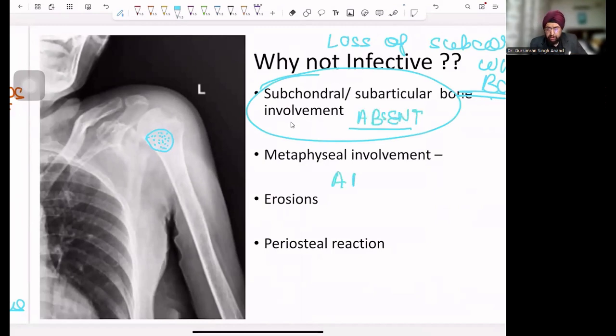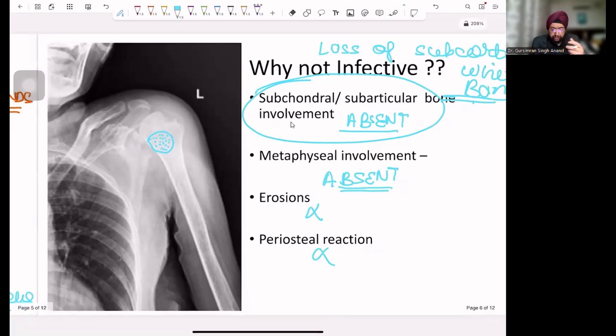Metaphyseal involvement is also absent here, so this also goes against infective arthritis. Any type of erosion can be seen in infective arthritis, so this is not a differentiating feature. We also do not see any periosteal reaction, but the important point here is normal subarticular bone and normal metaphyseal region on the humeral head. So these two points both go against infective arthritis.